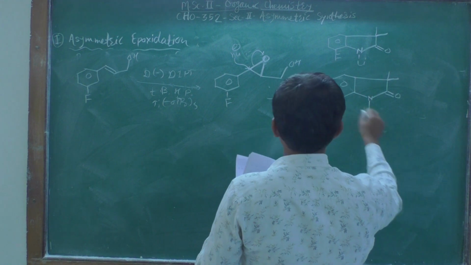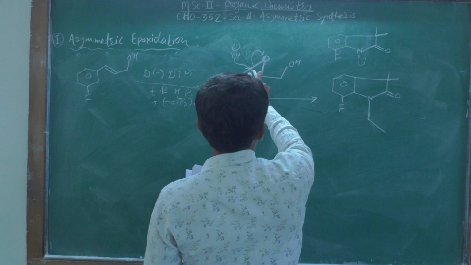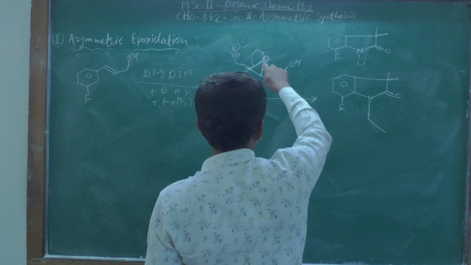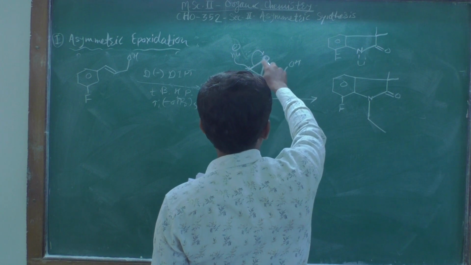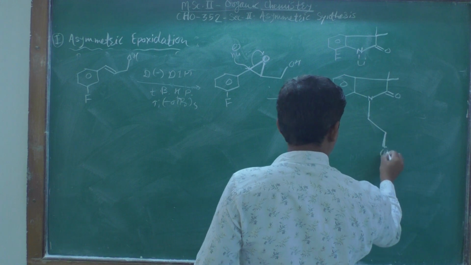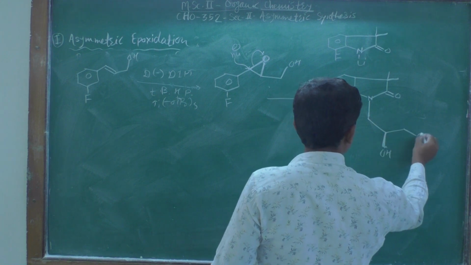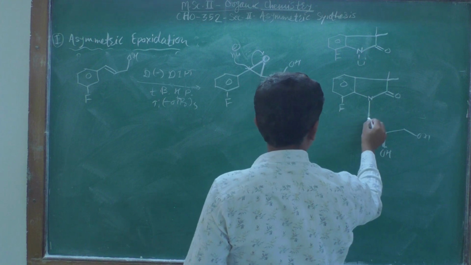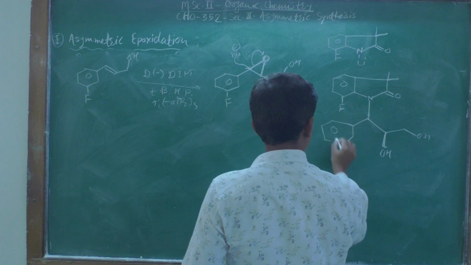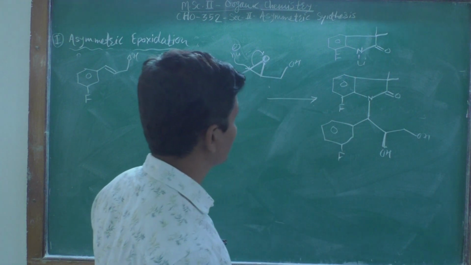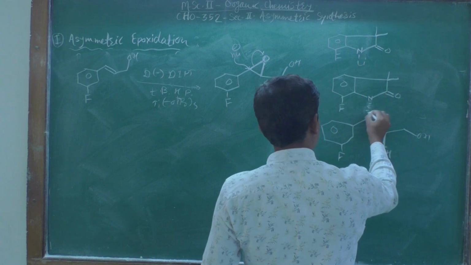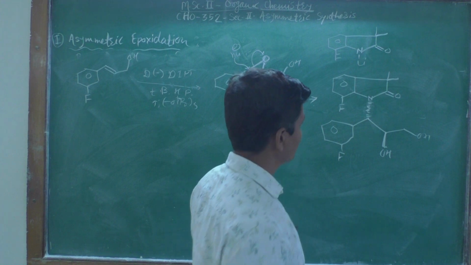This bond will be broken, and this hydroxy group, which is beta, is attached to this carbon, CH2OH. Then this is attached to the aromatic ring, fluorine. This is a backside attack, so we can show this by a wedge line.